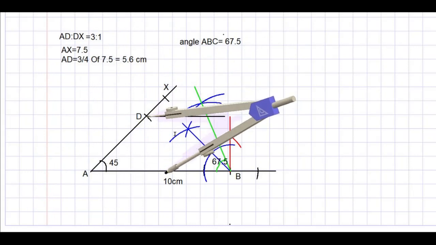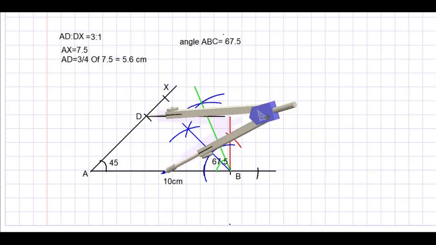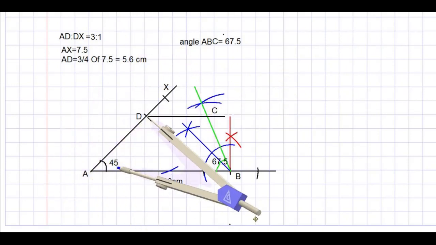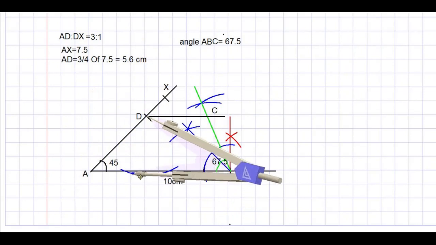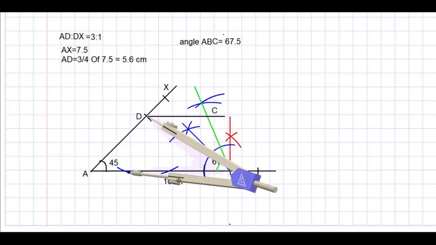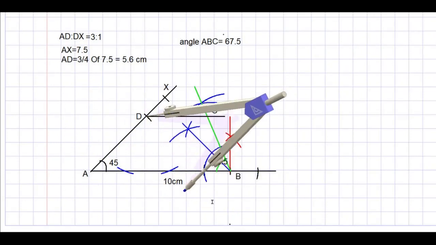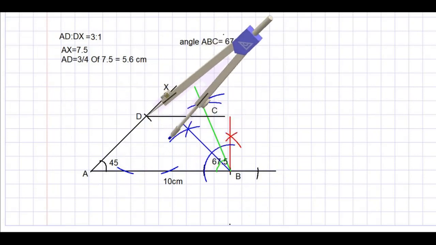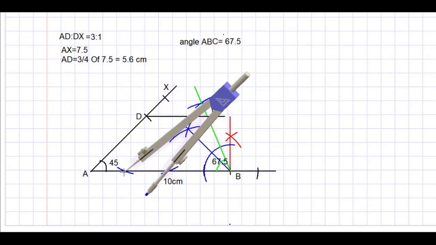And something else we need, we drop a perpendicular from D to meet AB at point E. At point E, so we put an arc there and also an arc at the other part. Then we use it as the radius, and then we draw another arc.